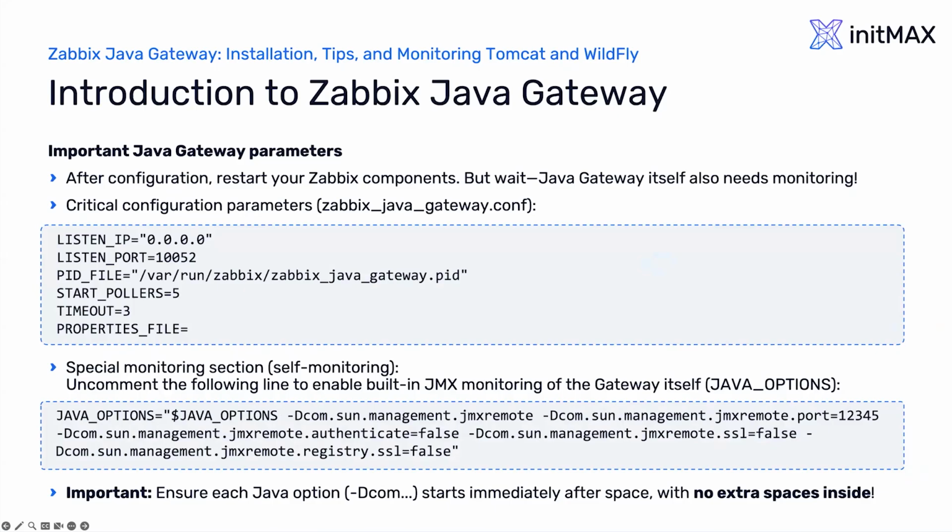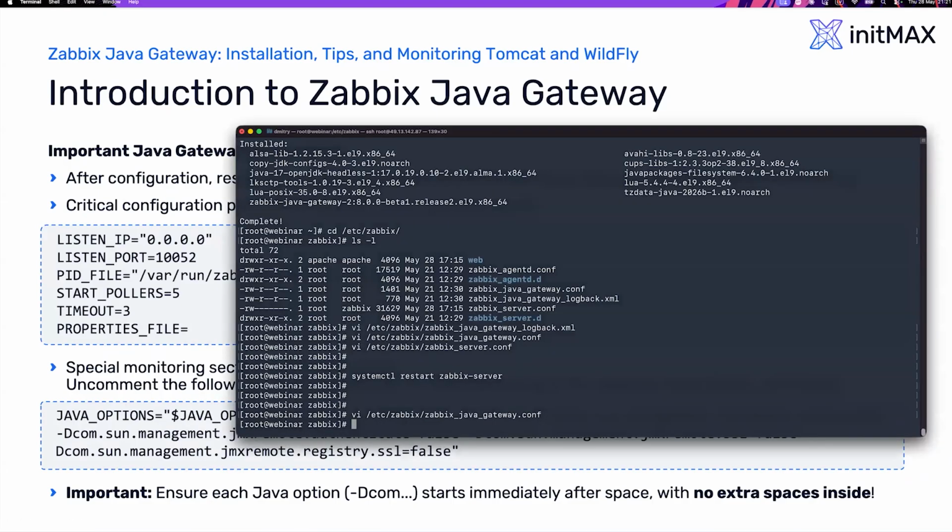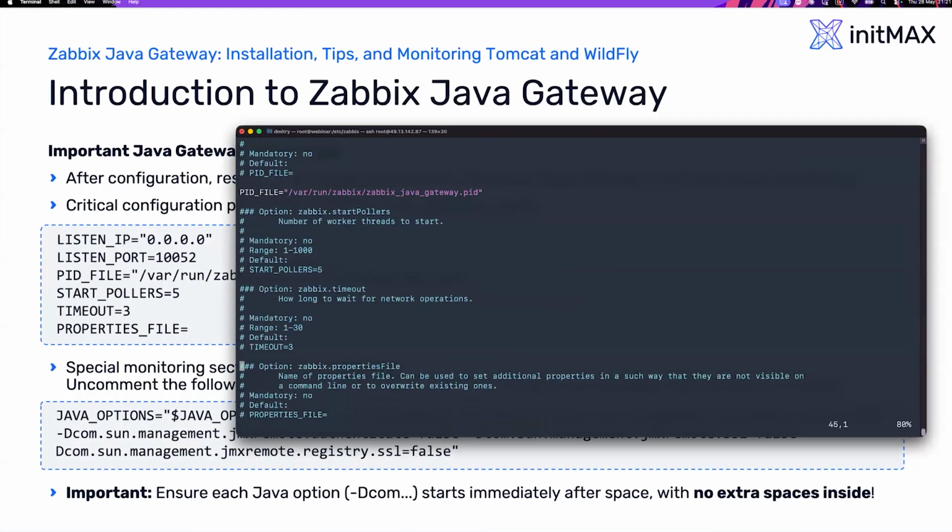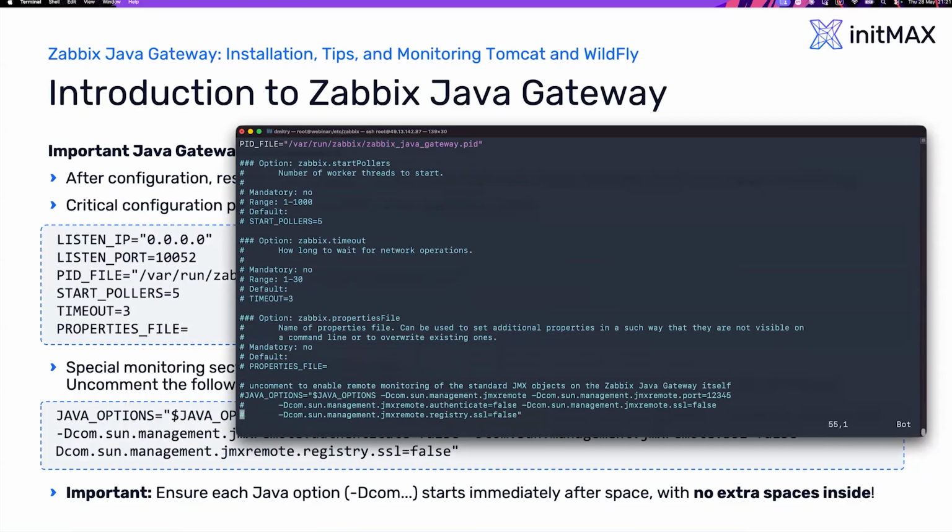Important Java Gateway parameters. After configuration, restart your Zabbix components. We already did, but wait, the Java Gateway itself also needs monitoring and has critical configuration parameters. A special self-monitoring section is already present in our default configuration file of the Java Gateway, but it is commented out.